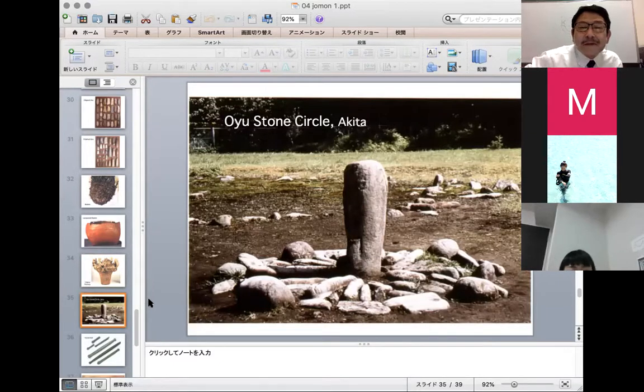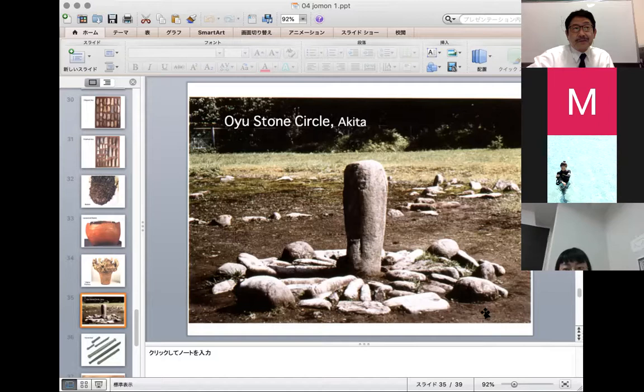It's not too big, it's over a meter. And four round stones and long French bread type pebbles were radiating like this.